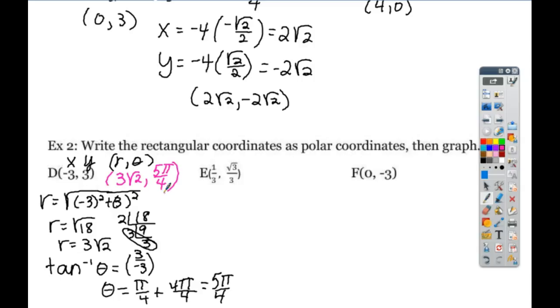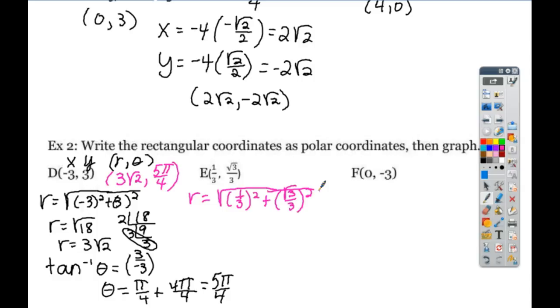All right. Okay, let's do the scary fractions. First of all, how do I find the r? What's 1/3 squared?